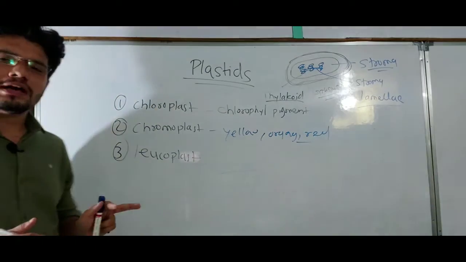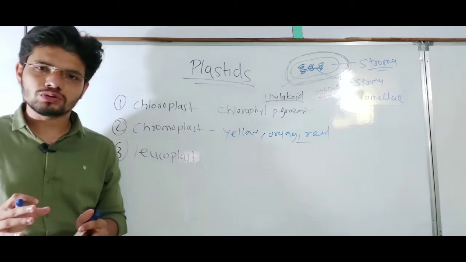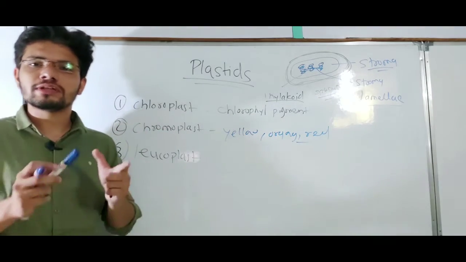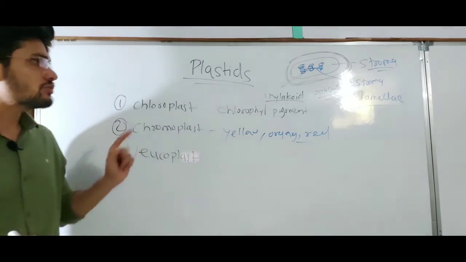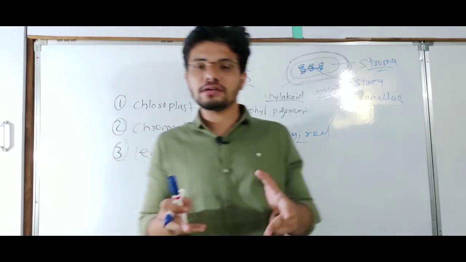So they give these colors, yellow, orange and red, to plants. Leucoplasts are mainly colorless and are involved in food or nutrient storage. They are not so important, but chloroplast is very important, so that's why we have studied it in detail. So this was all about plastids. Plastids are mainly present in plants.